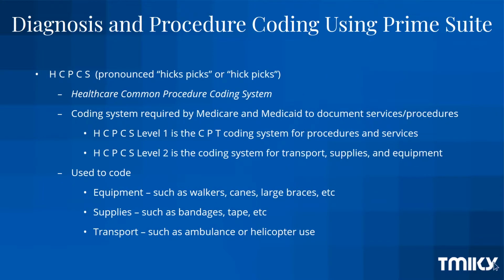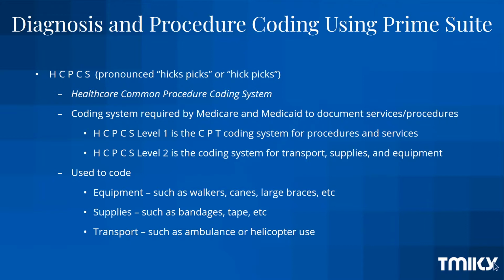Next, let's discuss the Healthcare Common Procedure Coding System, or HCPCS. This is a coding system required by Medicare and Medicaid to document services and procedures. The Healthcare Common Procedure Coding System has two levels.